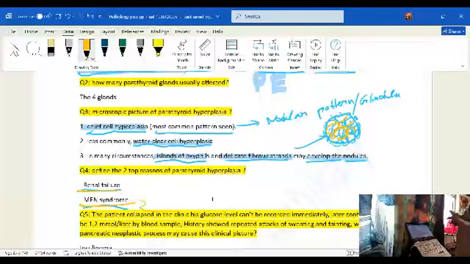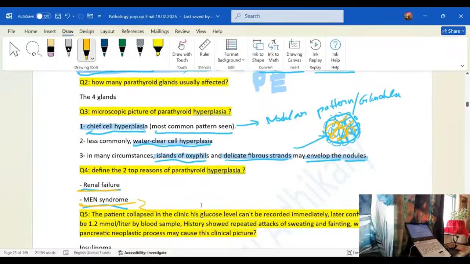In many circumstances, islets of oxyphil cells and delicate fibrous strands may envelop the nodules.